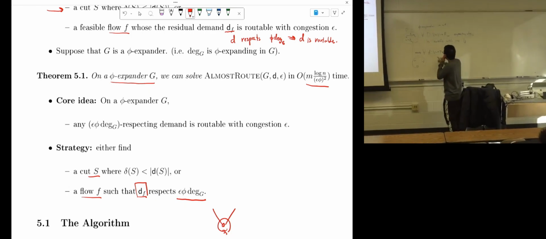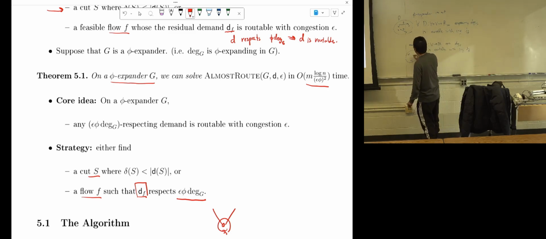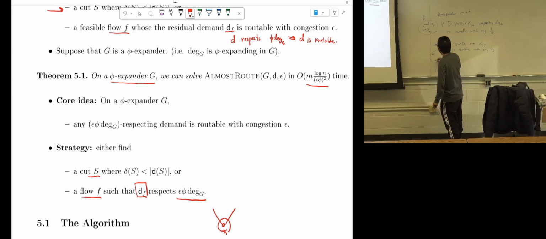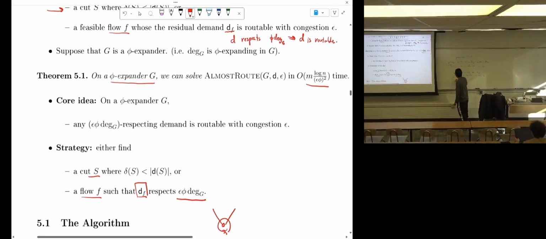If this is true, it means that respecting degree is routable with congestion 1/5 too. So why is that? Maybe I make it +2, plus, maybe make it like this.